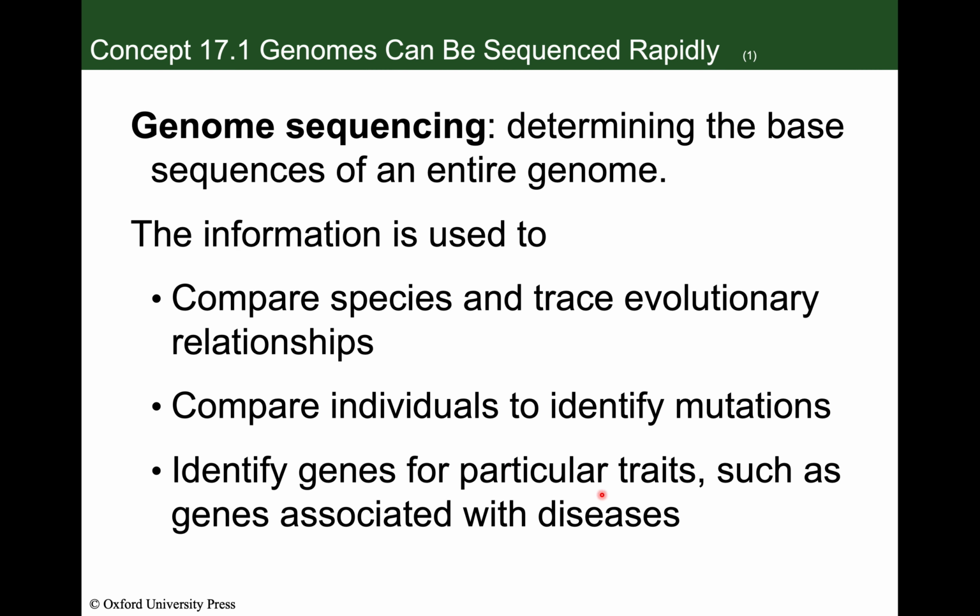And that is probably arguably one of the most useful practical things that you can do with the genome sequence: study disease and help influence medicine. And we'll come back to that idea when we talk about the human genome.